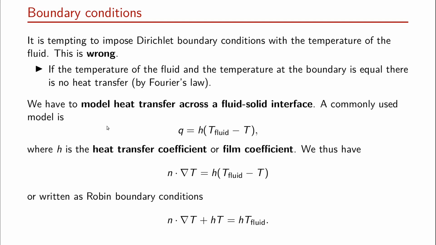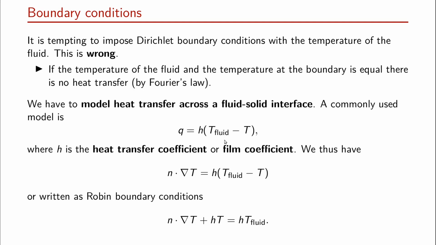A commonly used model that we are also going to employ here states the following: Q, the heat transfer, is equal to H, a constant of proportionality which we call the heat transfer coefficient or the film coefficient, times the temperature of the fluid, the 20 to 25 degrees, minus the temperature of the metal at the boundary.